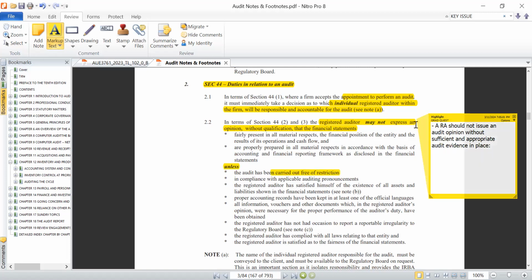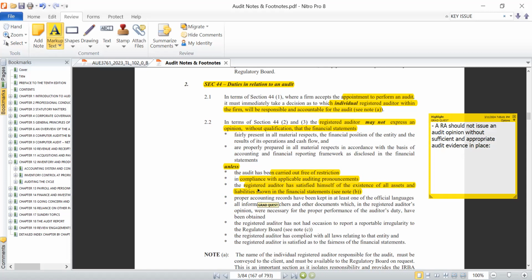So the only time an audit opinion is expressed is if an audit has been carried out free of restriction, in compliance with applicable audit pronouncements. The registered auditor has satisfied himself of the existence of all assets and liabilities shown in the financial statements. What is that? It means that you have evidence to prove that the assets are existing. You've got evidence to prove that the liabilities that the organization has are actually existing.